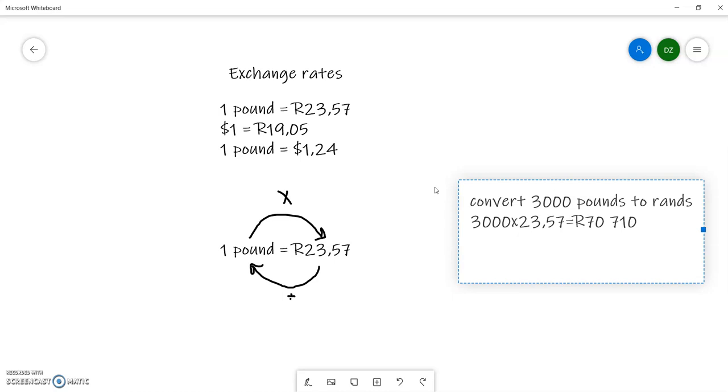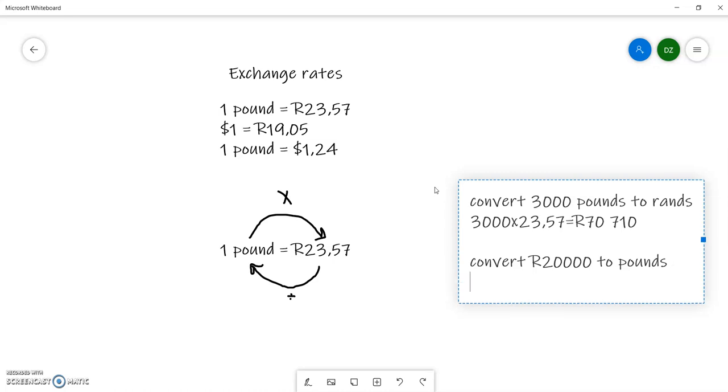But like I said, I can also go backwards and I can say convert 20,000 Rand to pounds. Now I'm going to expect my money to be a lot less in pounds because I know pounds is worth more.